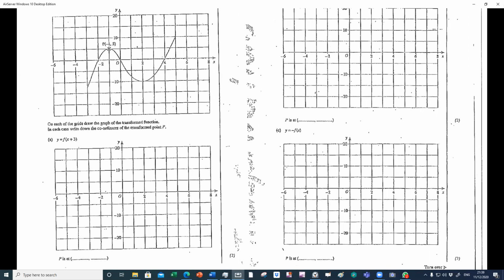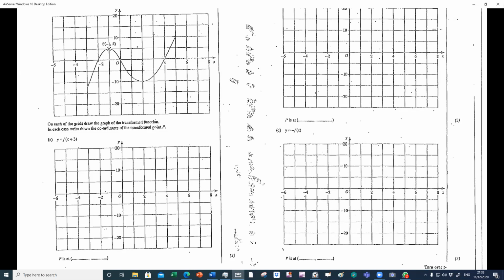What I would say is, see if you can copy it across first. I'm going to see if I can do a little bit of cheating here. I don't say do that in an exam, but I'm going to grab the graph and see if I can copy it. And then it's gone. Let's try that again.